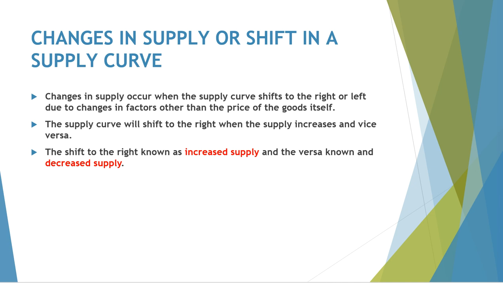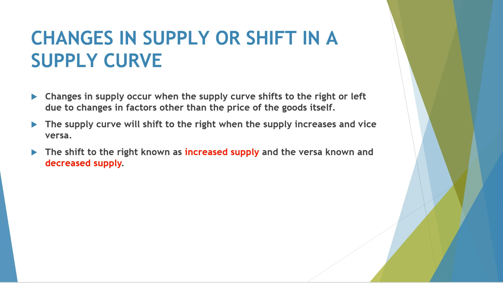Changes in supply or shift in the supply curve are two names for the same thing. It can occur when the supply curve shifts to the right or shifts to the left due to changes in factors other than the price of the good itself.